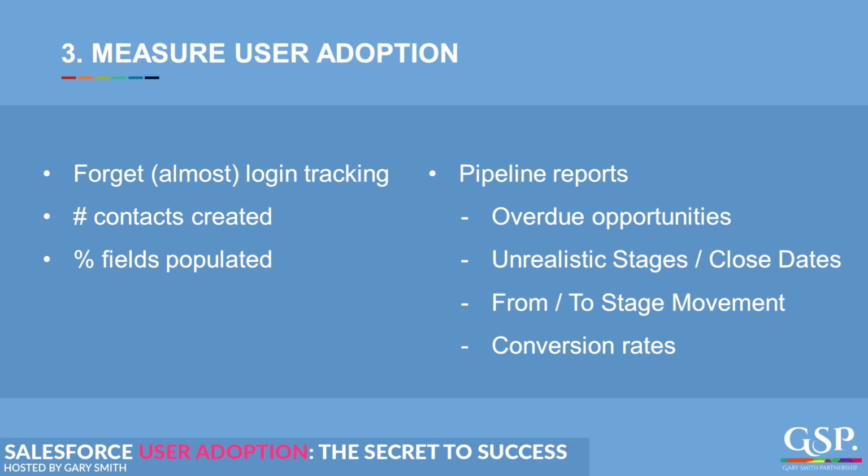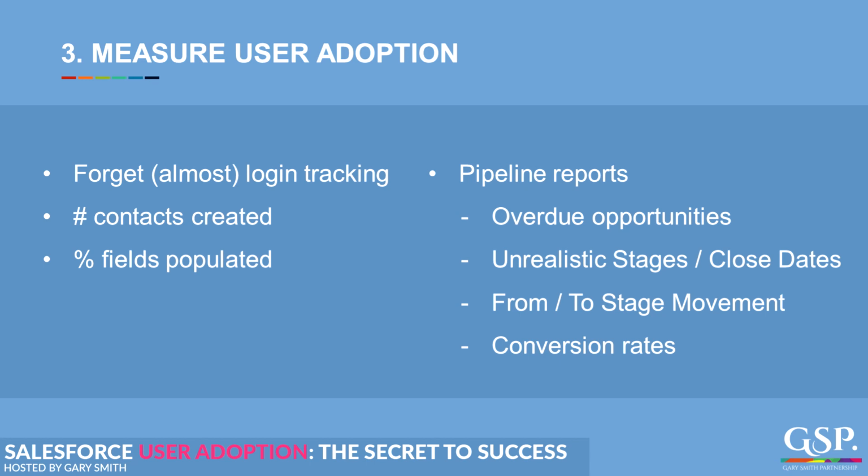Now, if we've only a few days left to go in this month, are those deals really going to close this month? That's important information from the point of view of accuracy of the pipeline, reliability of the sales forecast, but it's also telling you about user adoption as well. If the stages and the close dates are not up to date, that's a user adoption challenge.